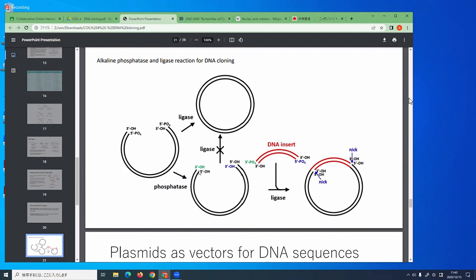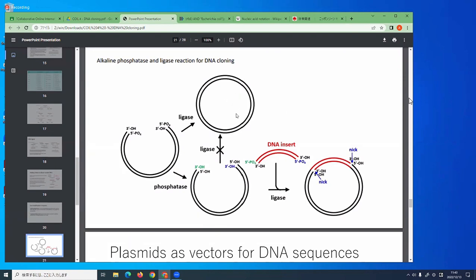So it has a tendency of joining its ends together and forming a complete loop, right? When a complete loop is formed, there's a very low chance of the DNA insert entering here. So that is not a good thing for us.